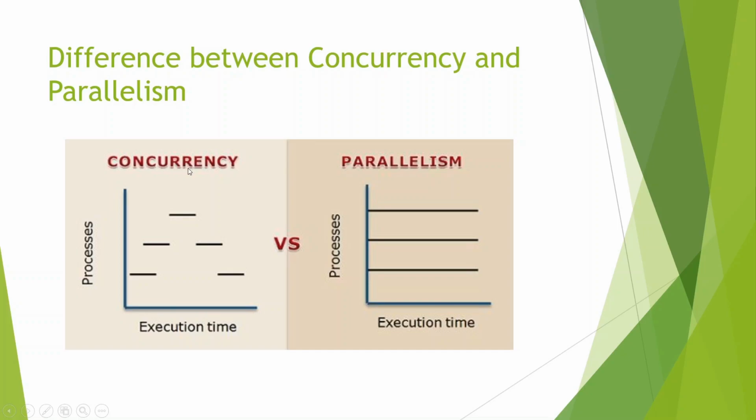But in case of concurrency, of course the processes are running, but the CPU context switches from one process to another in case of priority, and then scheduling and all those things which we have already learned. So the diagram clearly explains the difference between concurrency and parallelism.